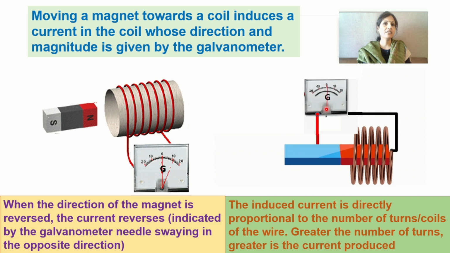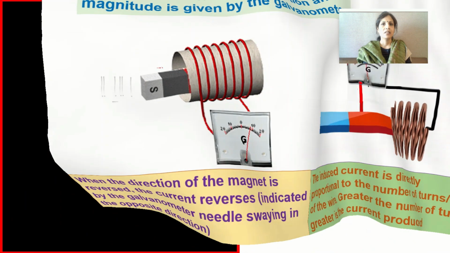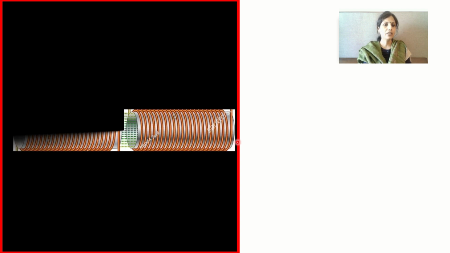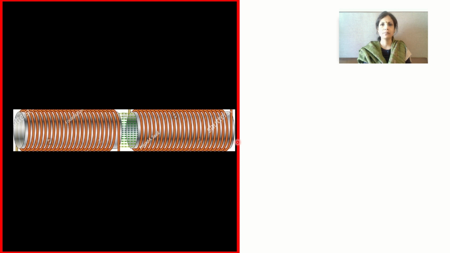Let's understand the second method. This experiment was done by Faraday, and he is also called the experimental scientist. Alright children, so what is the second experiment? We have taken two coils of copper.